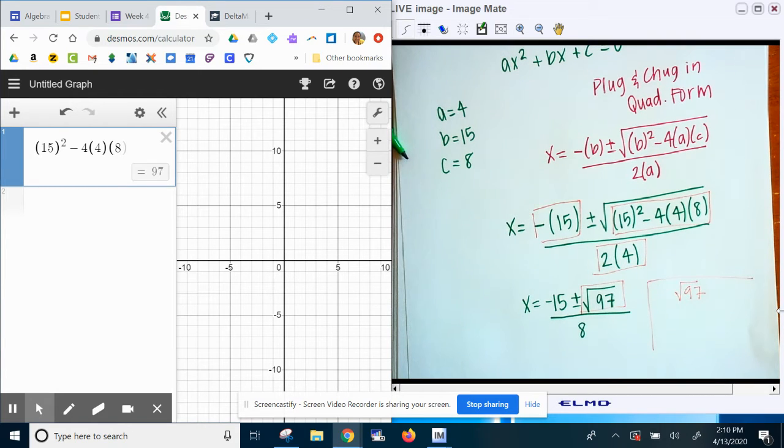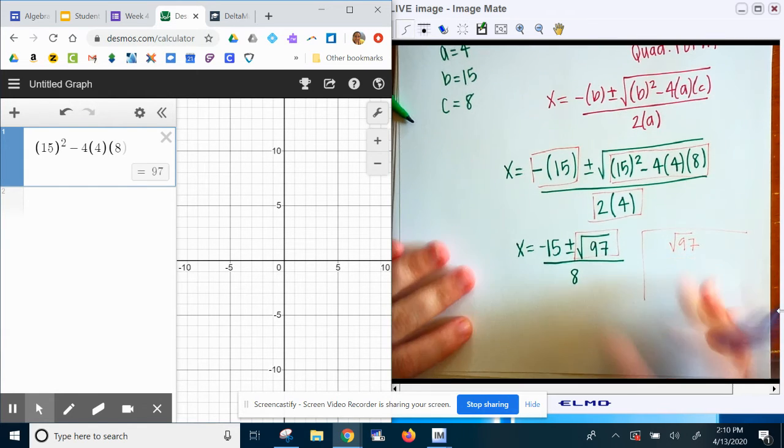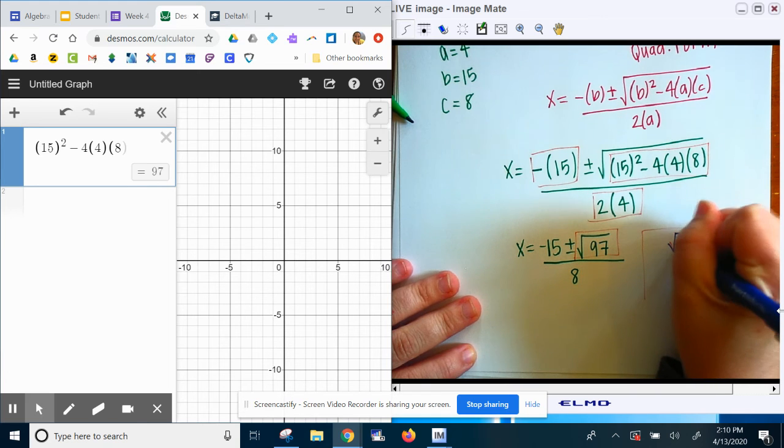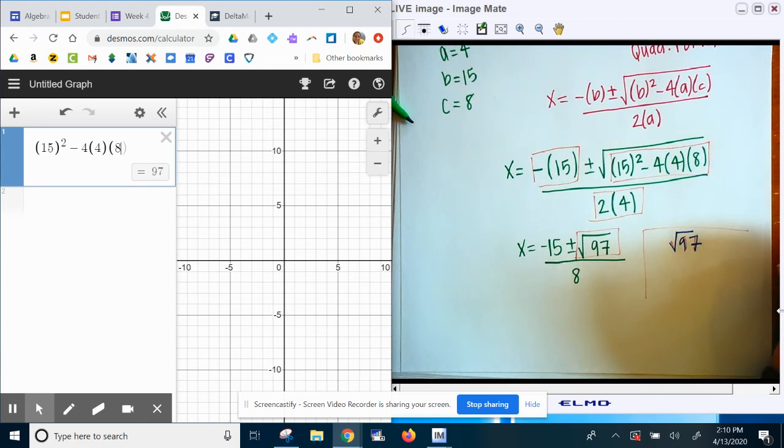So I need to ask myself, what can go into the square root of 97 nicely, perfectly? I want to use perfect squares only. This is going back to simplifying radicals.